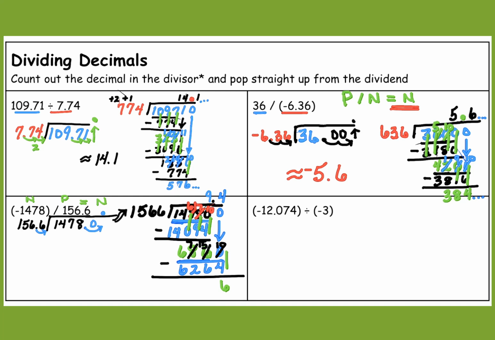Now we have 15 minus 6, and 15 minus 6 is 9. 7 minus 2 is 5, and 6 minus 6 is 0. So as we keep adding zeros, our problem can continue on, but we're going to stop right here and share that our answer is approximately negative 9 and 4/10.